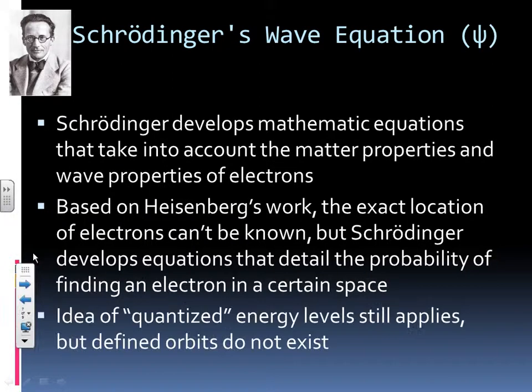So, there's still this idea of quantization and that these locations apply to certain amounts of energies, but whereas Bohr said electrons are on the rungs of a ladder, it's either here or here or here, Schrödinger is saying, no, that's not it. I can give you a good guess of where electrons are, but I can't guarantee anything. And this is how we have come to perceive the atom. Okay?